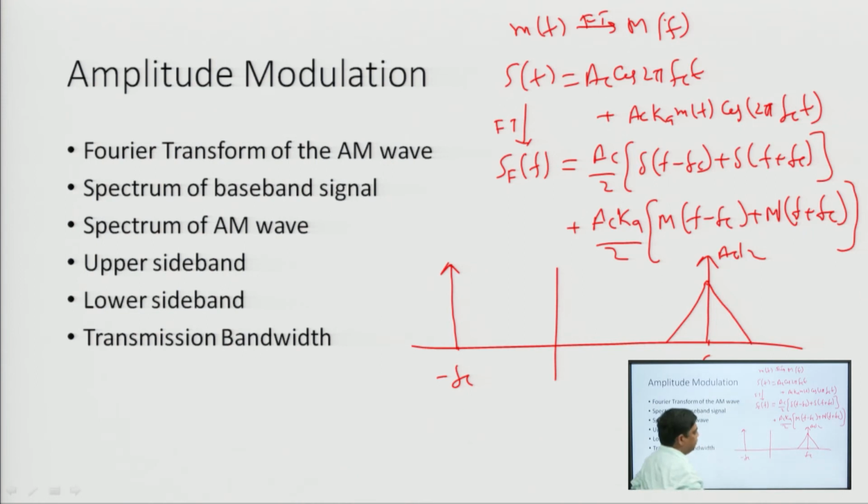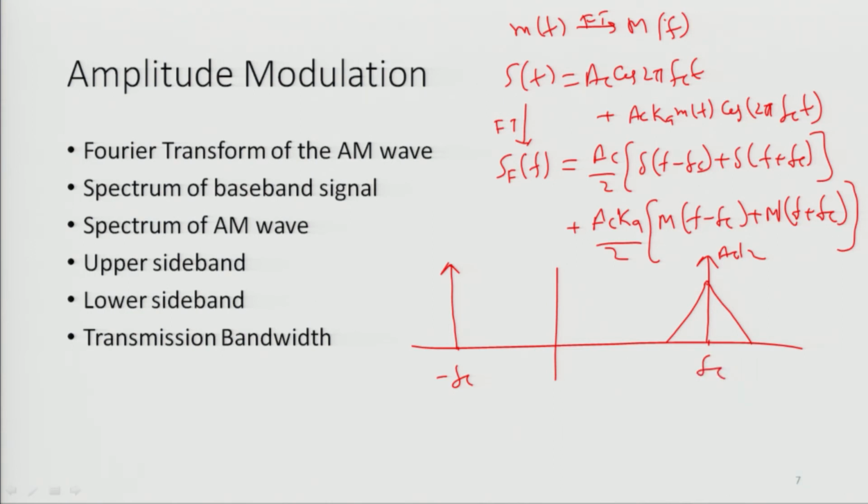Like this one. And if you are taking M(f) with frequency fm, then this point is fc + fm, this point is fc − fm.